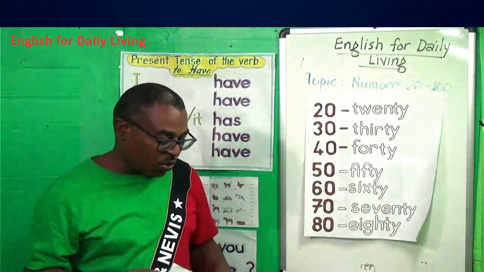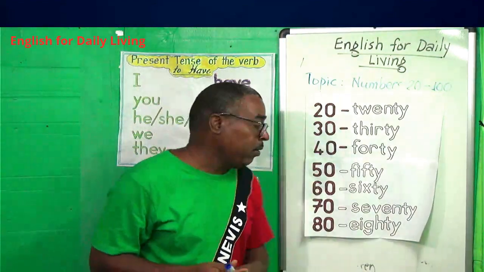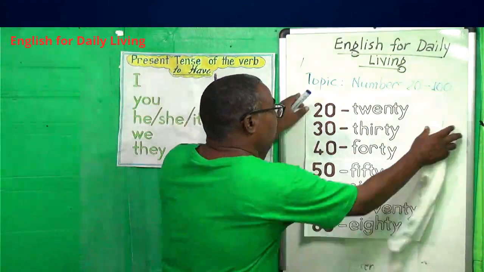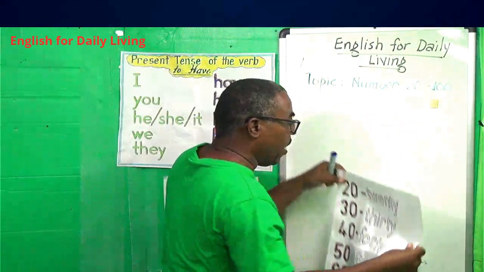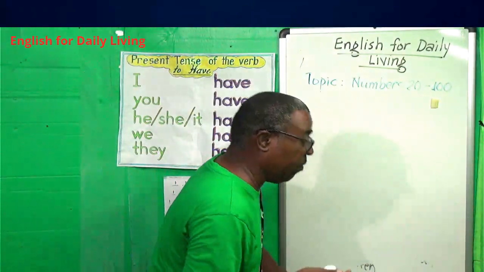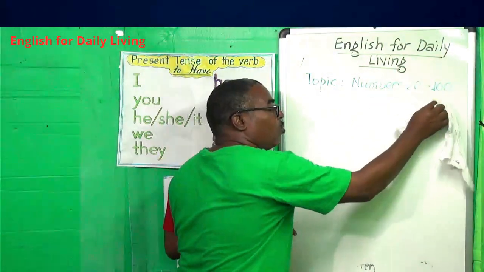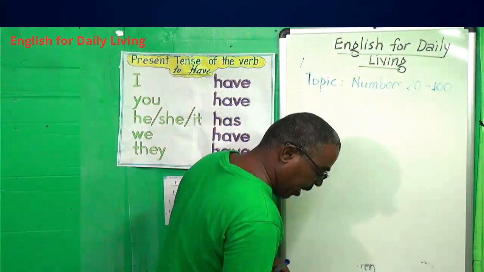In between those numbers, like 21 and 22 and so on, we already know the first 10 cardinal numbers: 1, 2, 3, 4, 5, 6, 7, 8, 9, 10.